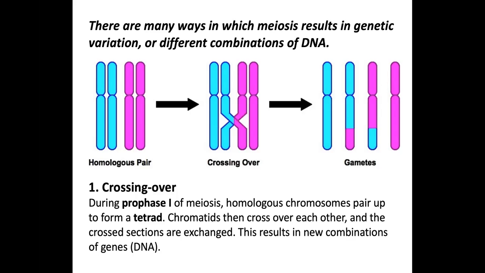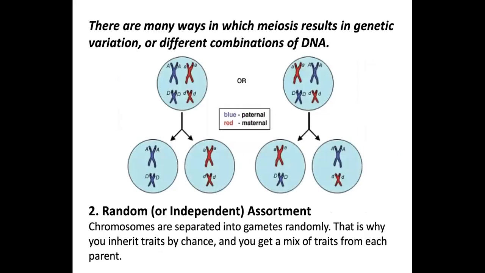The second is known as random or independent assortment. When we say that something is random, what does that mean? Okay, you don't know what you're going to get, right?